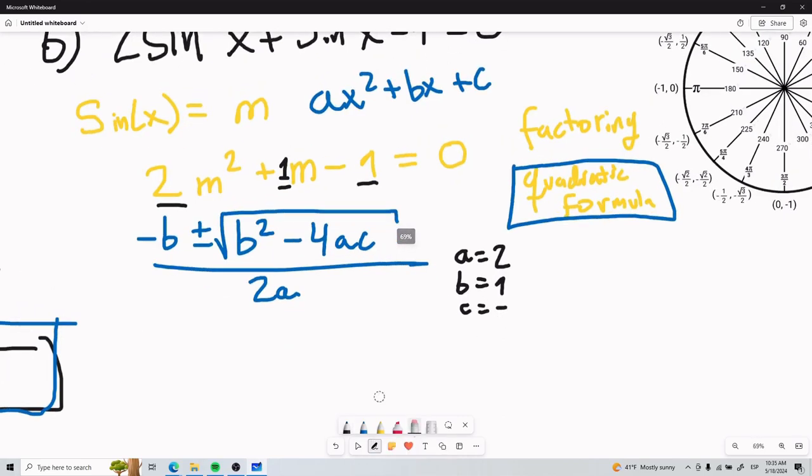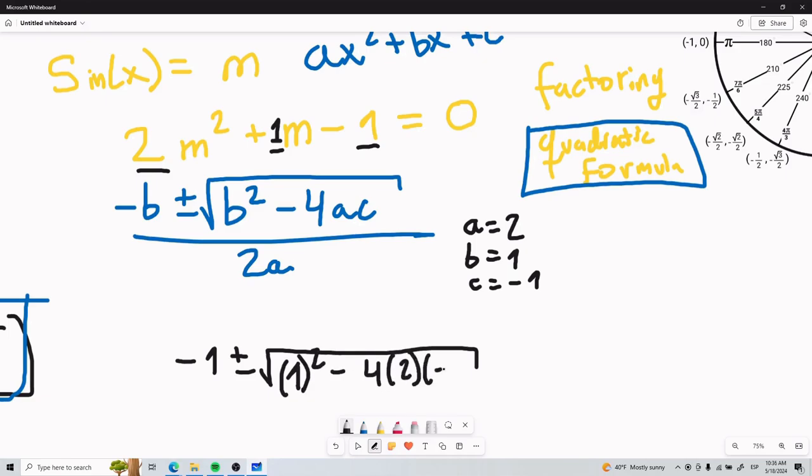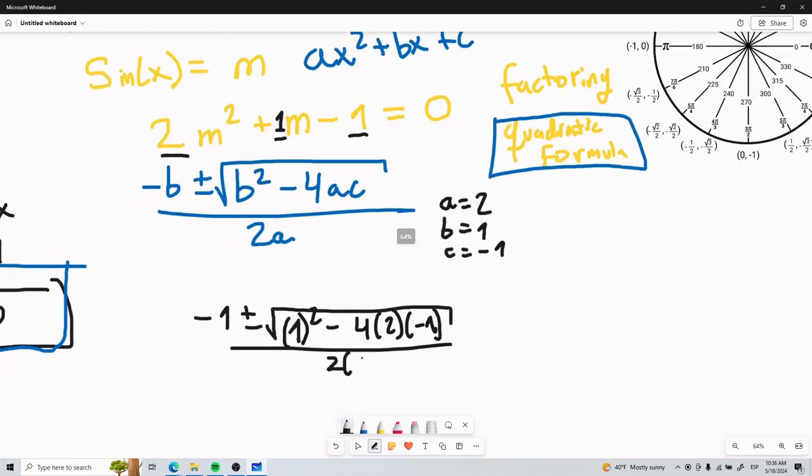So if you go ahead and plug all of this in, and remember the quadratic formula is for finding the x-intercepts, so is factoring. From here you can end up with negative 1 plus or minus square root of b squared, so it's 1 squared, minus 4 times 2 times negative 1, divided by 2 times 2.